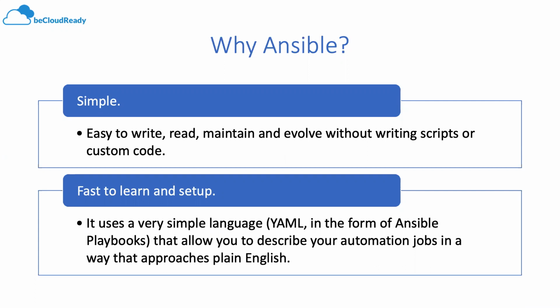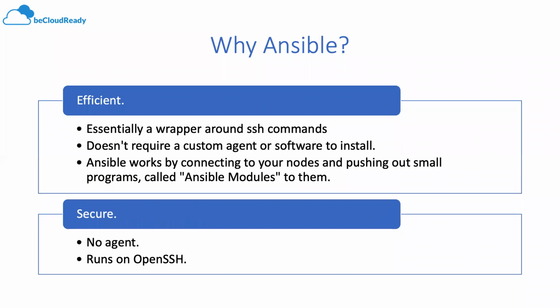So usually most people combine Terraform with Ansible to achieve almost complete infrastructure as code. It means what you did with your infrastructure, you don't have to store, you don't have to take a backup of a virtual machine. What you do basically is put it in code, put it on GitHub, and that's it. It is efficient because it is essentially a wraparound SSH.